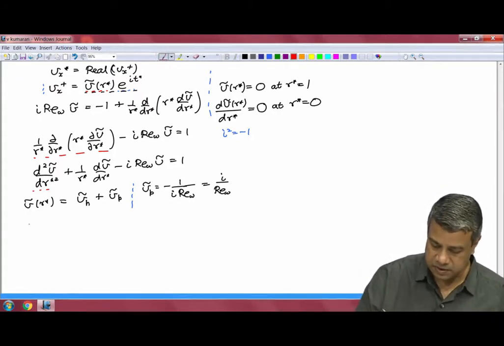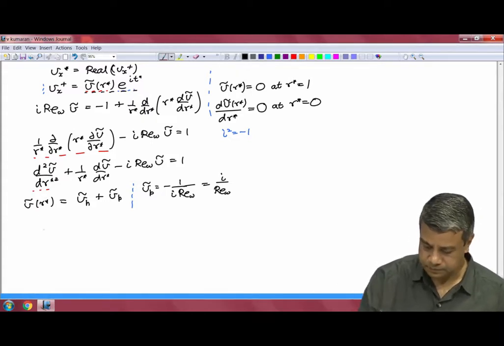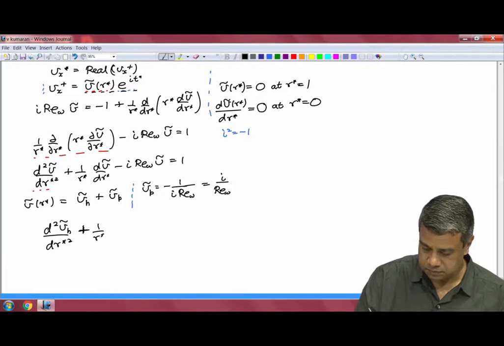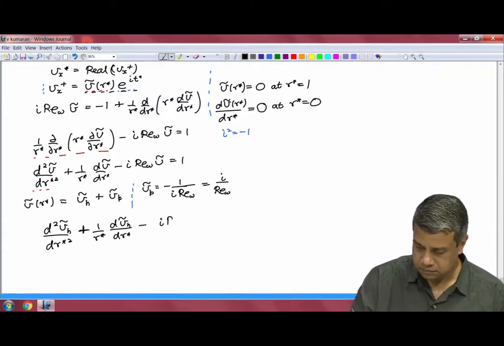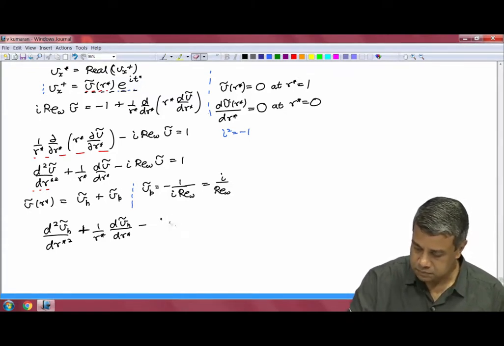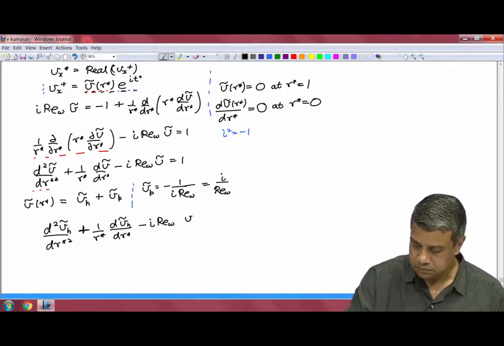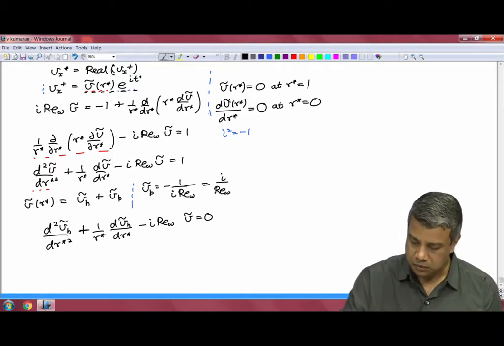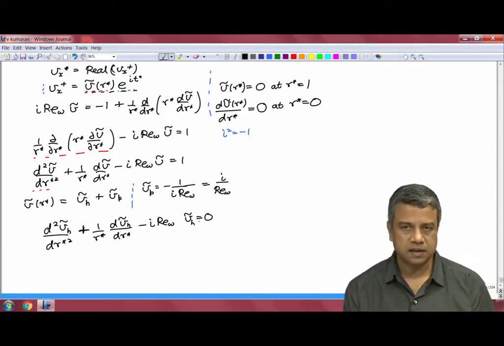So, the equation for the homogeneous part is going to be... Okay, that is the equation for the homogeneous part with the inhomogeneous term on the right side set equal to 0.